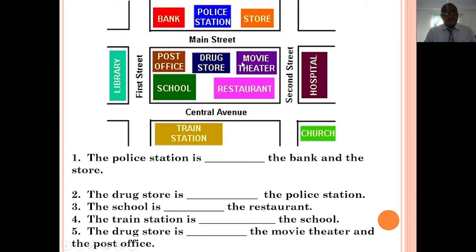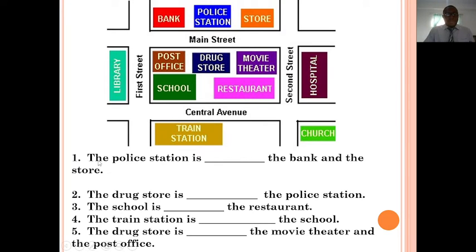Drugstore. Movie theater. Restaurant. Then we have the second street and the hospital. Then we have the Central Avenue and the train station. And lastly, church.